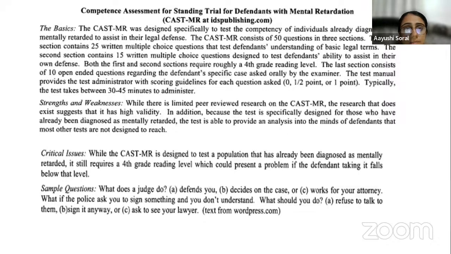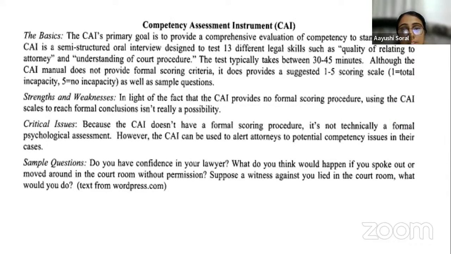The next scale in this is CAI, that is Competency Assessment Instrument. The CAI's primary goal is to provide a comprehensive evaluation of competency to stand trial, like whether the person is competent enough or not to stand the trial.